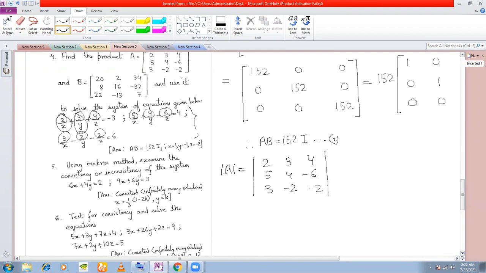We are finding this to check whether A inverse exists or not. You find the value of this determinant to be minus 152, which is not equal to 0. So the determinant value of A is minus 152. That means A is non-singular. That means A inverse exists.